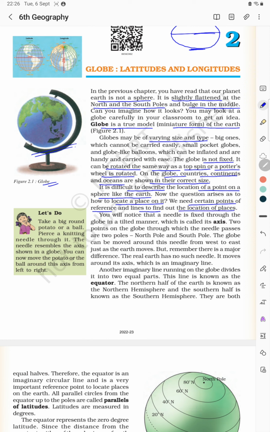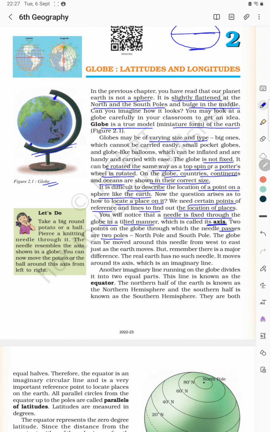In this globe, we can see a needle is fixed through the globe in a tilted manner, like from here to here. This needle we can call the axis of the globe. The 2 points on the globe through which this needle passes are called the two poles.